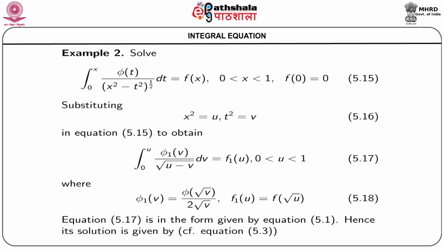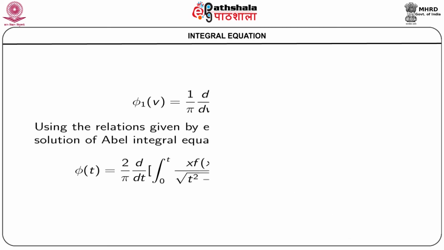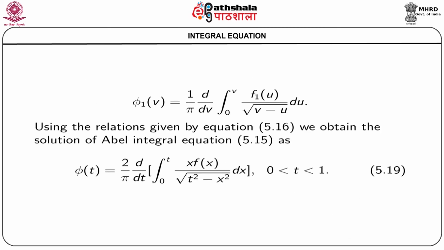Now 5.17 is the integral equation which is in very standard form. We can solve this integral equation by the elementary integration as shown before to obtain the solution given by phi 1 equal to 1 by pi d/dv of the integral 0 to v of f1(u) divided by root over (v minus u) du.